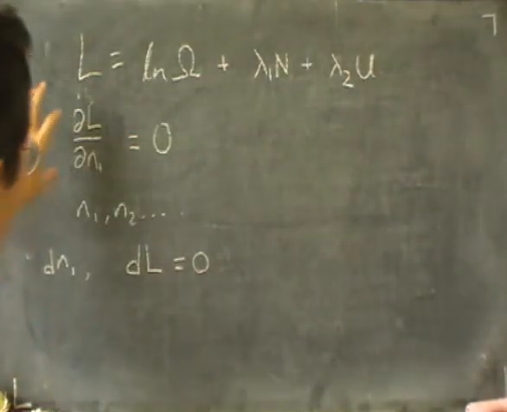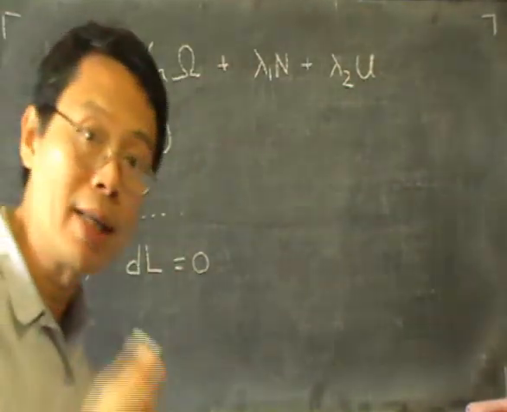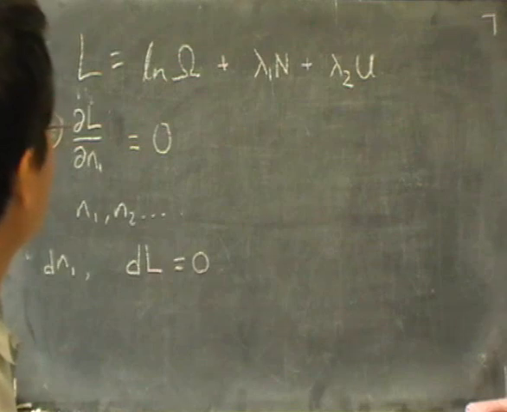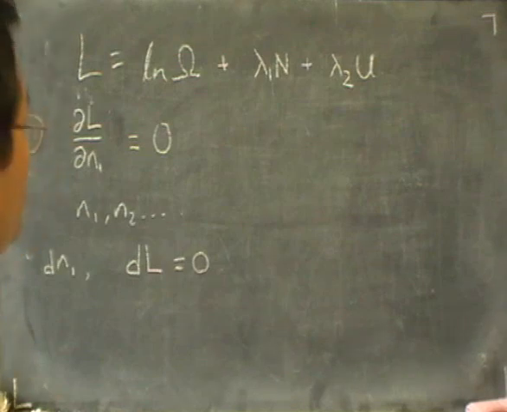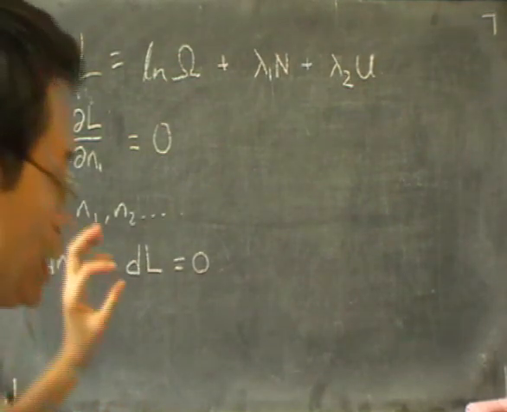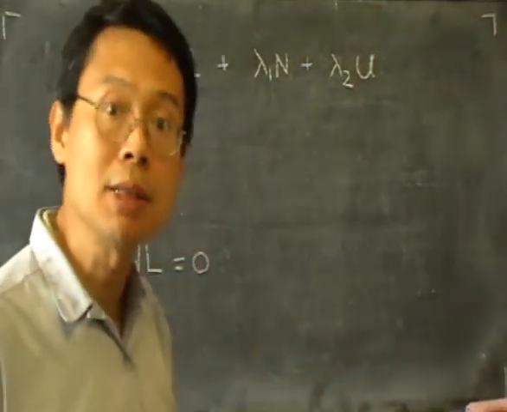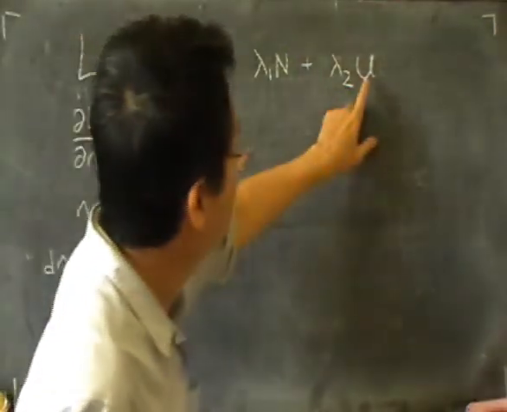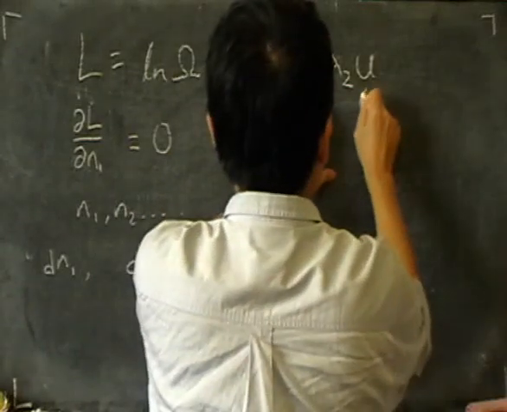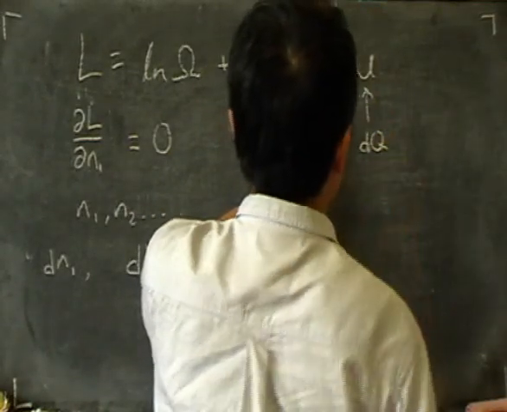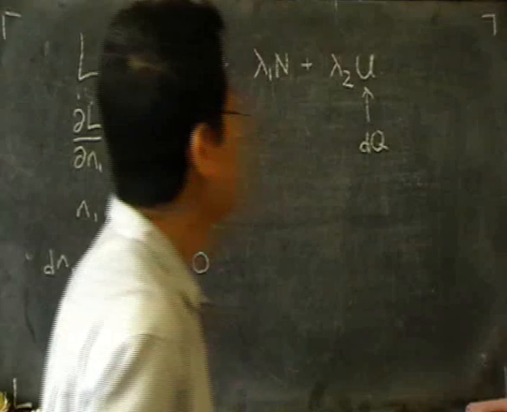So that's the idea when we are at the maximum of L. Right. Now what I want to do now is to imagine what happens if I put in a little bit of heat. That means if I increase dU a little bit, if I put in a little bit of heat to U.